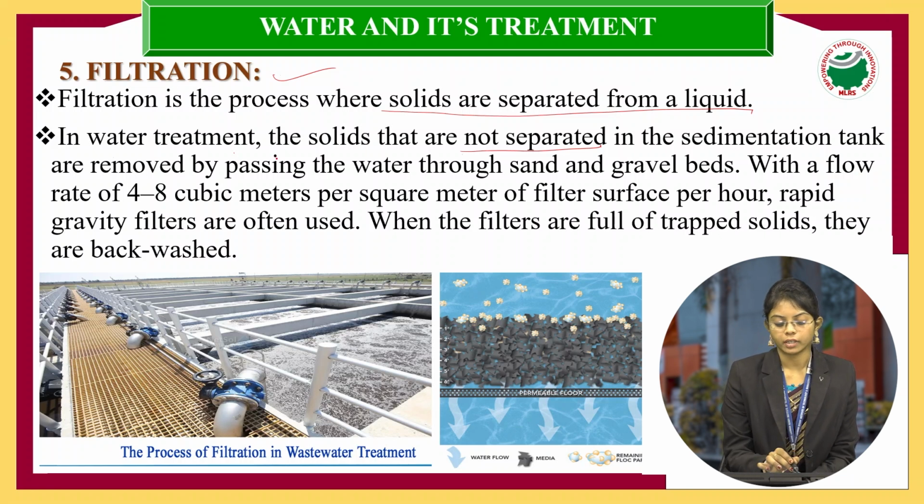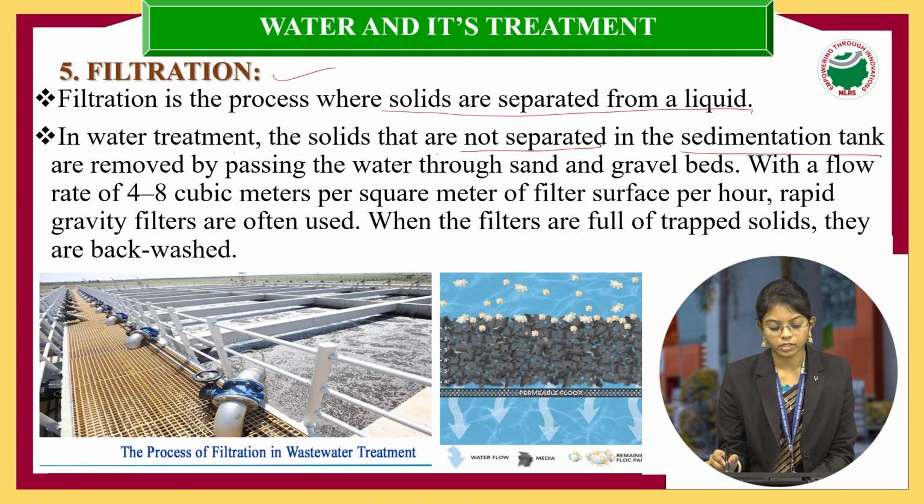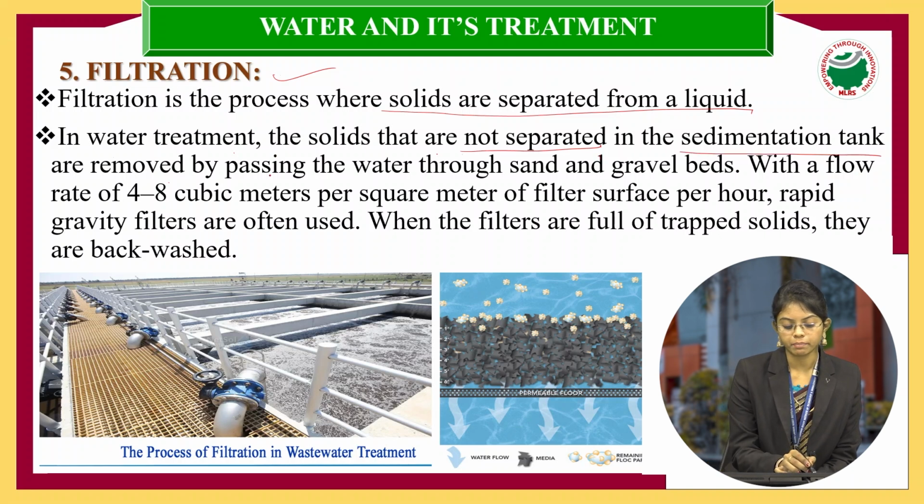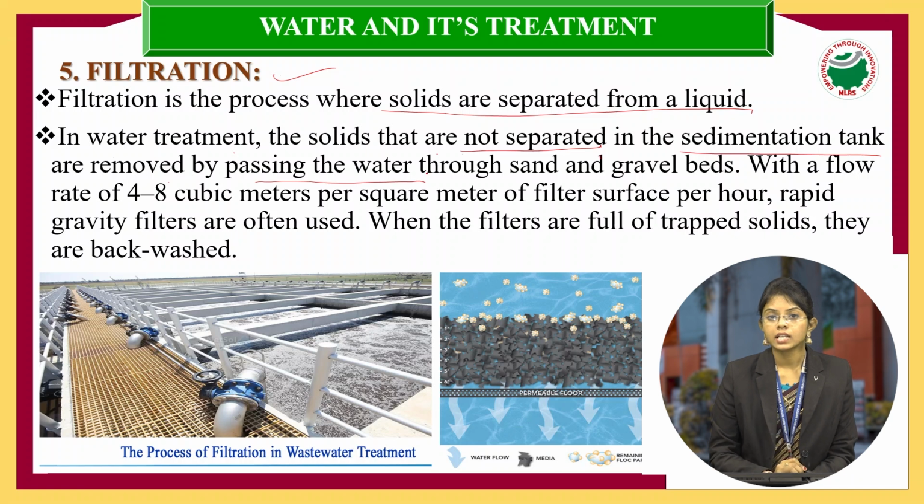So in water treatment, the solids that are not separated in the sedimentation tank are removed by passing the water through sand and gravel beds. As you can see here, we use sand and gravel beds so that the solid particles not removed in sedimentation can be removed in the filtration process.